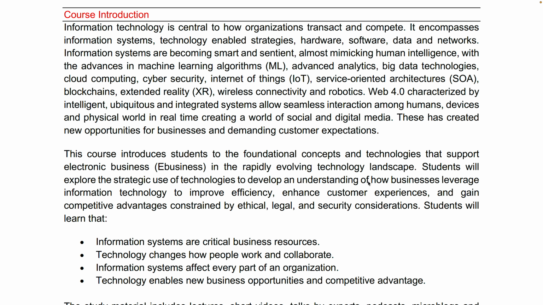So this course introduces students to the foundational concepts and technologies that support e-business in the rapidly evolving technology landscape. It introduces the students to the strategic use of technologies to develop an understanding of how businesses leverage information technology to improve efficiency, enhance customer experiences, and gain competitive advantages within the ethical, legal, and security framework.